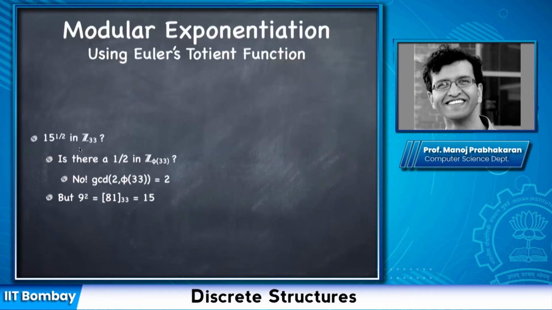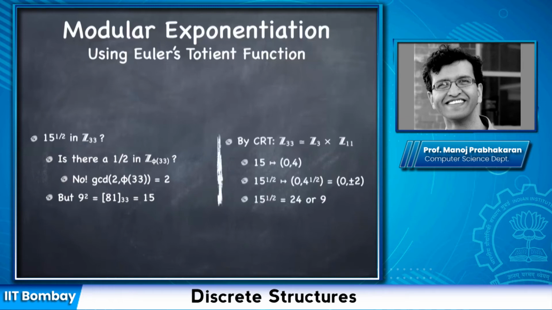They will have square roots. Okay, so in particular, 15 does have a square root. But actually, it's not just 9 that is a square root. There's another square root, and you can quickly see that. One way to see that is by trying to find the square root using CRT.